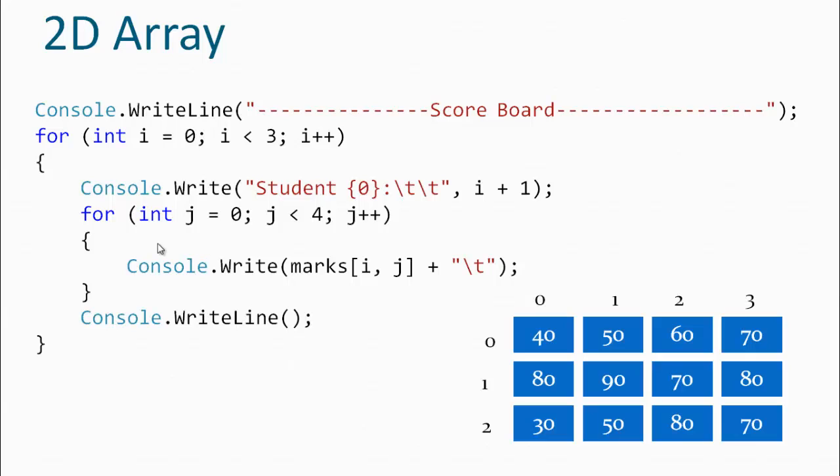Same thing, Console.Write 0 0, 0 1, 0 2, 0 3, and then you will get outside of this loop and Console.WriteLine will insert a newline character and take your cursor to the next line. Then the value of i will be 1 and student 2. Same thing will happen over here. This way you can use a two-dimensional array to manage tabular information.